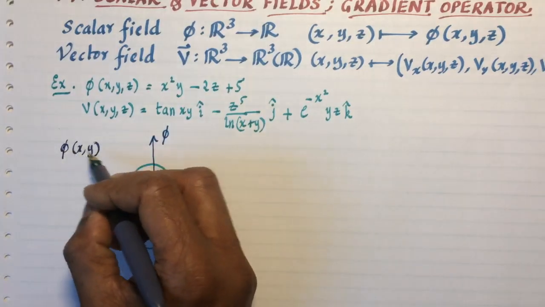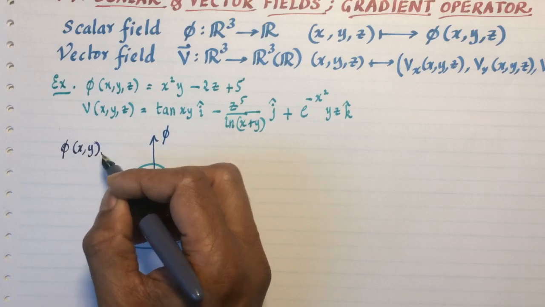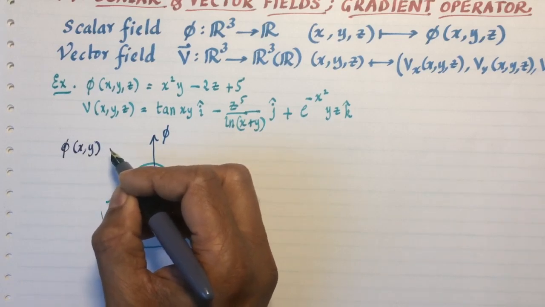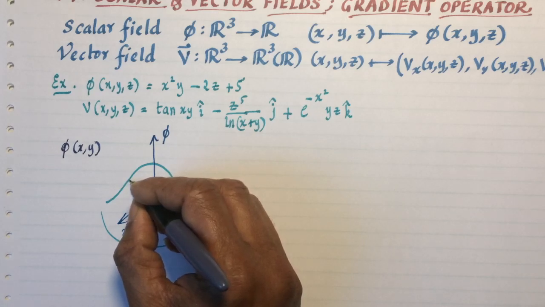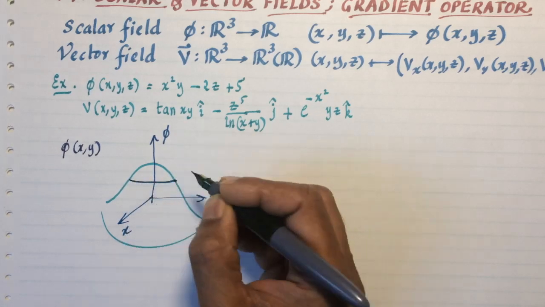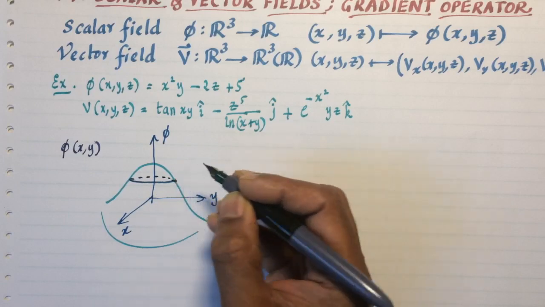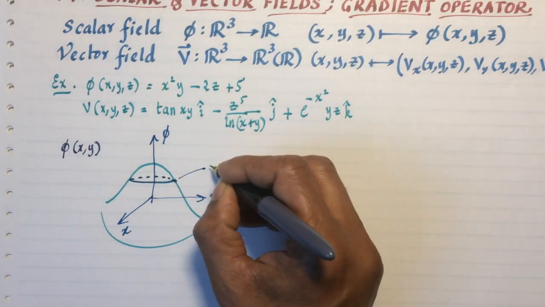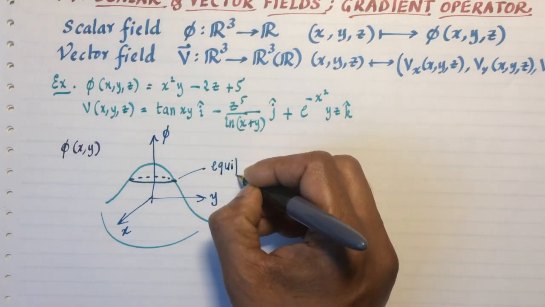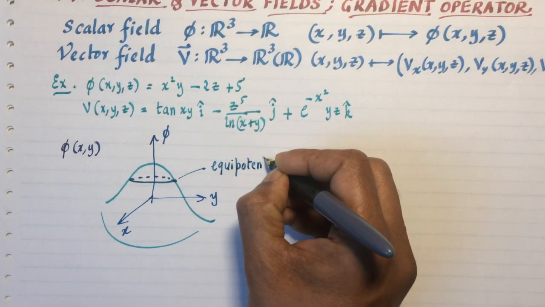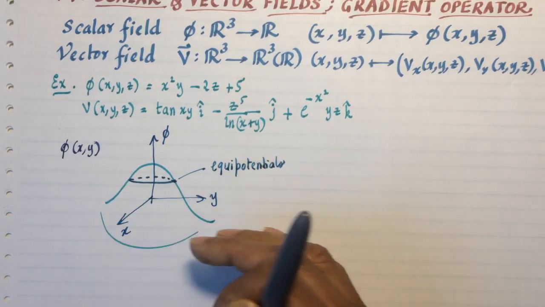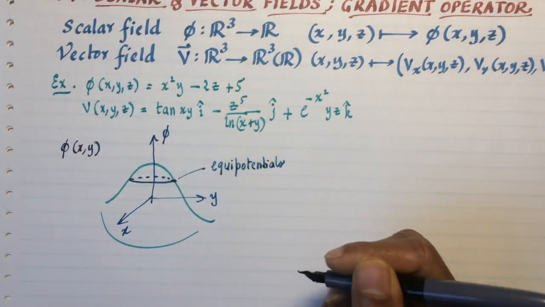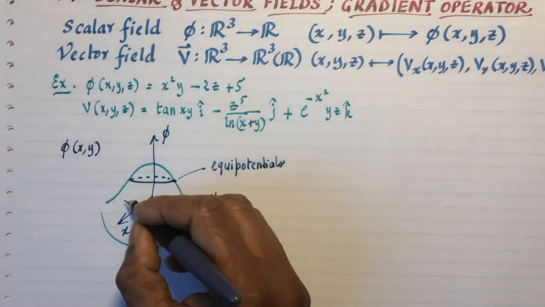Now phi, the scalar fields, first occurred in electromagnetism in what's called potential theory. So the study of equipotentials became very important, and these level sets of constant phi values are still called equipotentials in mathematics. So equipotentials are basically constant height surfaces along the phi direction. So you can draw a few more.